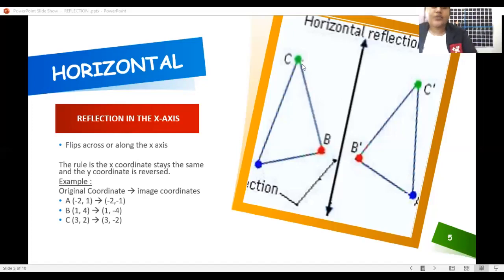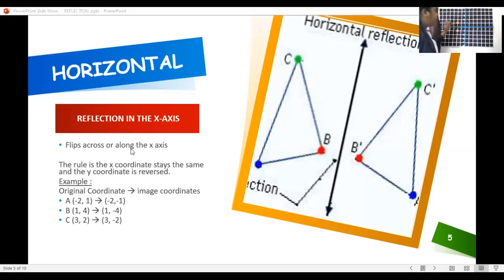No. So that is why when we are reflecting our object point -2, 1, we get -2, -1. Because according to the paper, when you fold and punch the point and you open it, you end up at -2, -1. And we can come up with a rule there for when we are reflecting in the x-axis or we are reflecting horizontally.